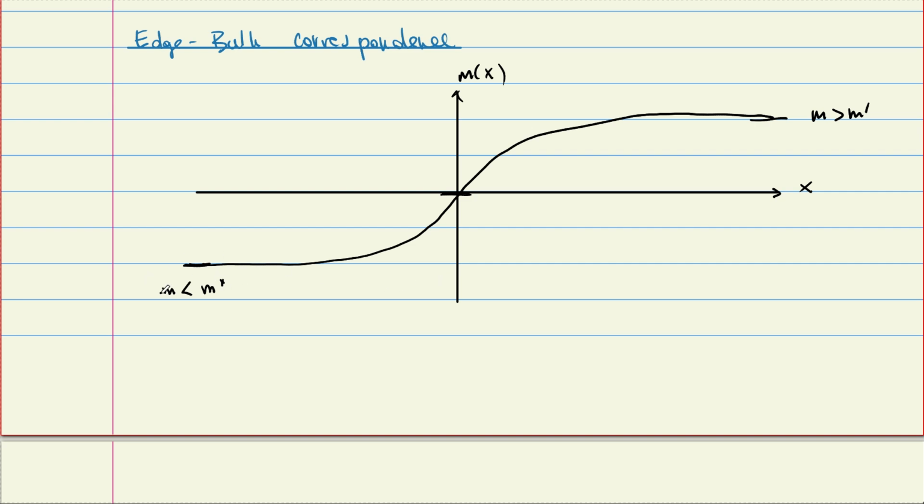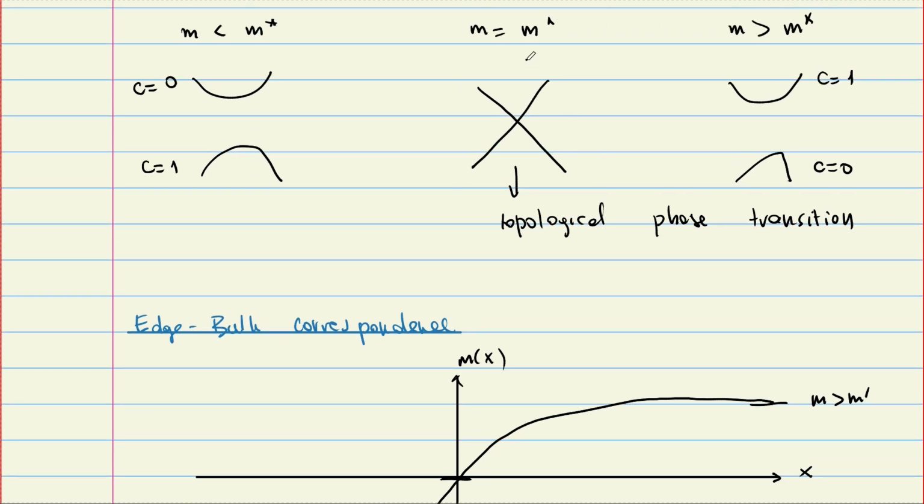As you go, m less than m star, this side is topological. M bigger than m star, this side is trivial. And as you cross from this side to this side, you need to have this band crossing in the middle. There is no way you can go from here to there without this band crossing.